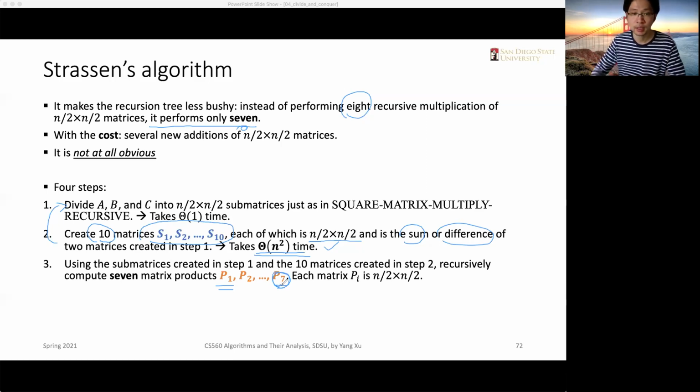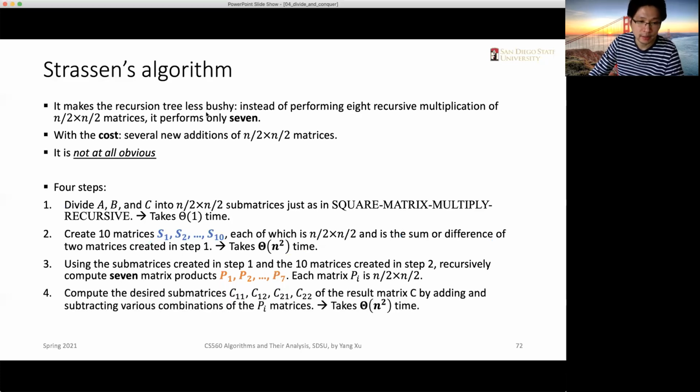We're just computing 7 matrix multiplication problems, and these subproblems are solved recursively. So now it's not 8 but 7. This is where the improvement happens.